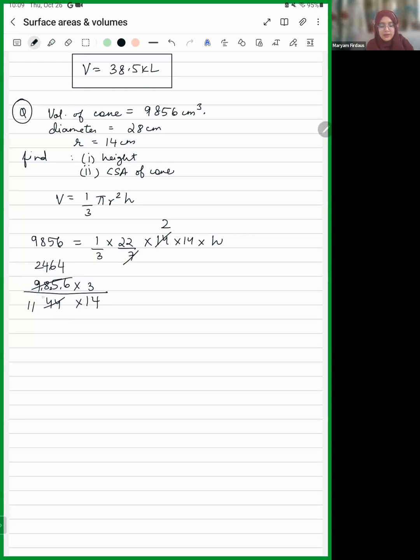Now let's try. So this will be divisible by 11. So let's divide it by 11. Preshita, what will it become?